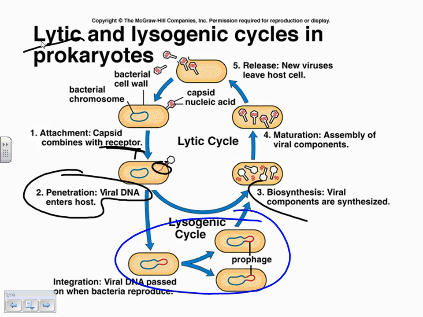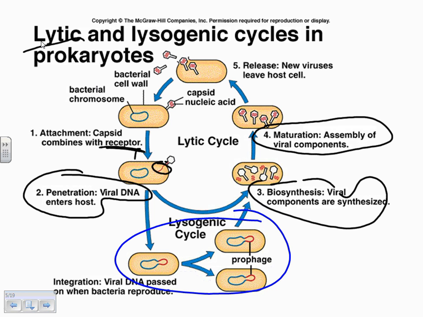Typically, that's to make more viruses. So that's called biosynthesis. Step 4, those pieces get put together by the host cell. And finally, step 5, you get what's called release, or sometimes it's called lysis. And sometimes thousands of viruses, hundreds of thousands, can come out of that one cell. That's the lytic cycle.